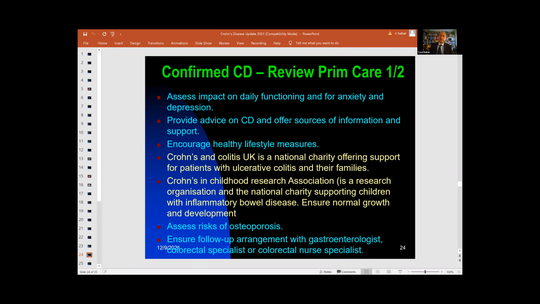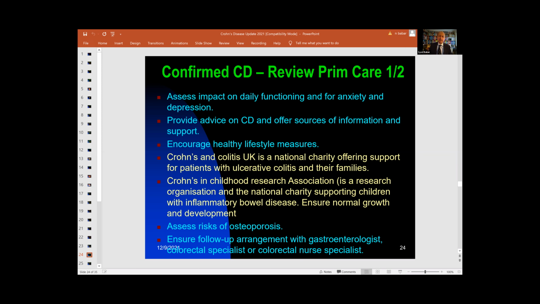And they deal with children, parents, families. One would need to assess the risk of osteoporosis from the point of view of malabsorption produced by Crohn's disease, but also from the treatment that is used for the Crohn's disease management.